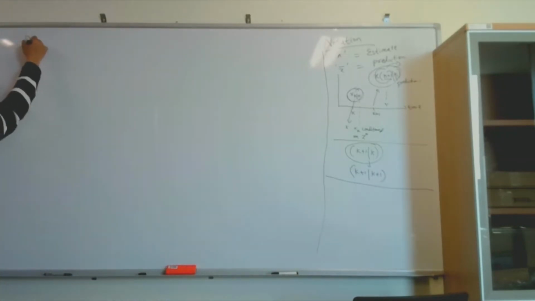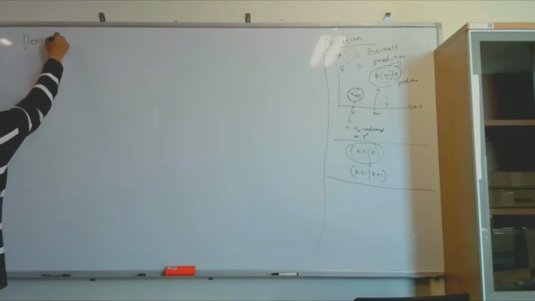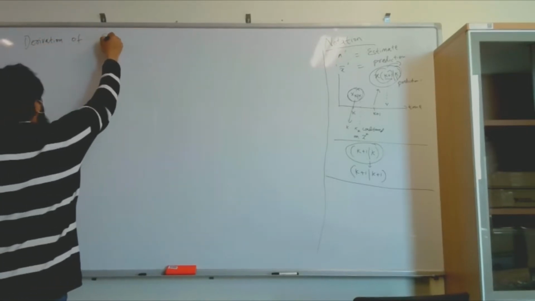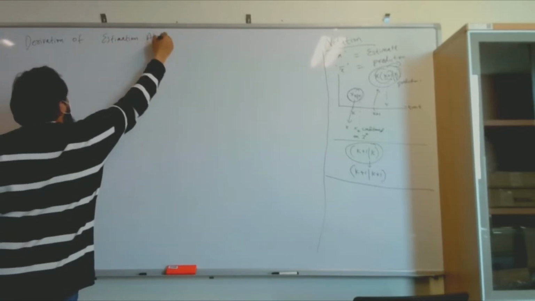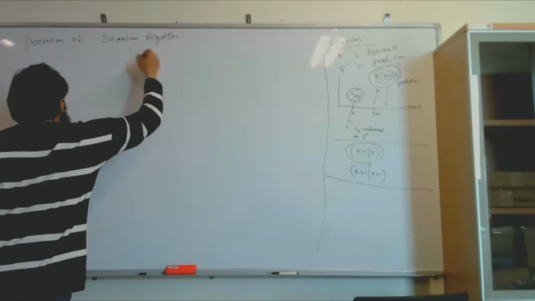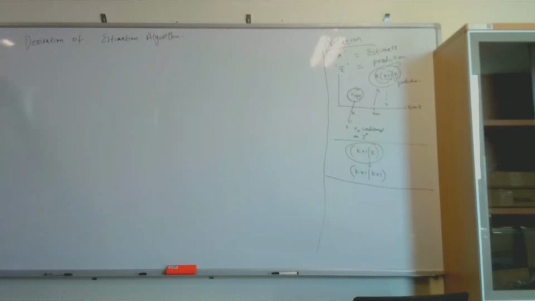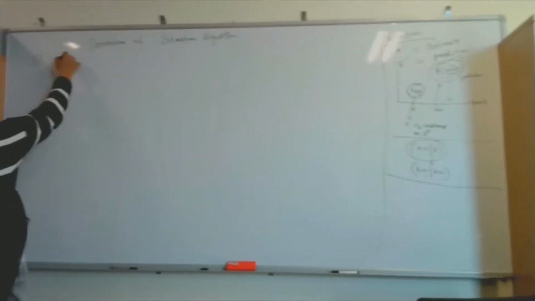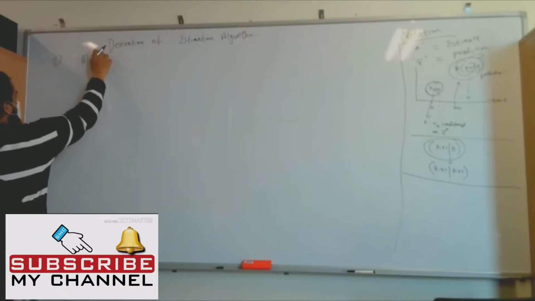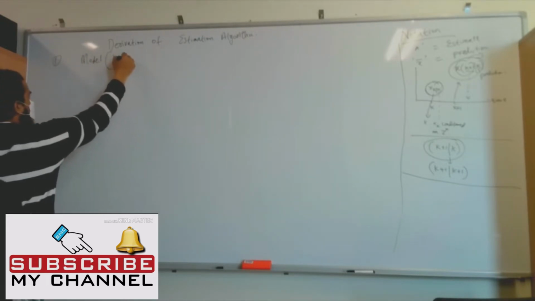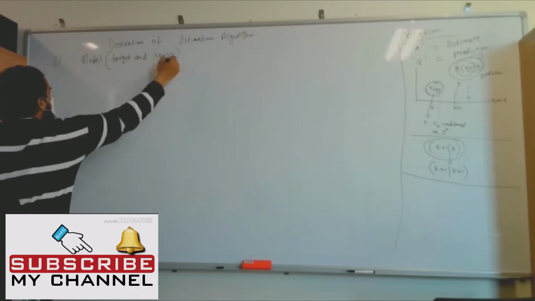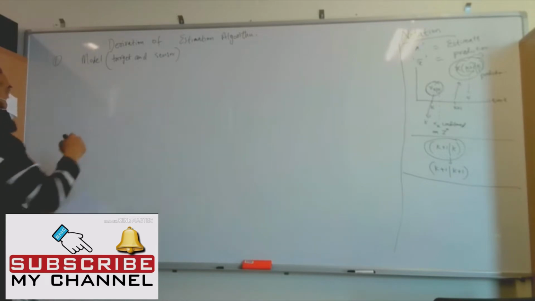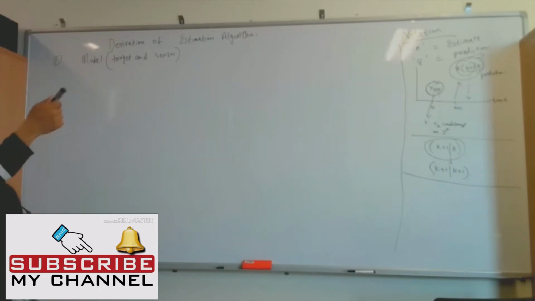Now, the derivation of the estimation algorithm. First we must know the model of the target and the sensor. The target model and sensor model are already given in this slide.